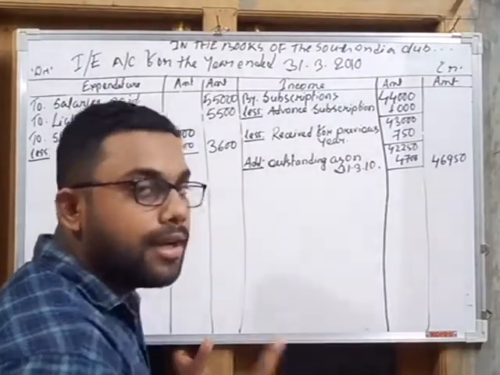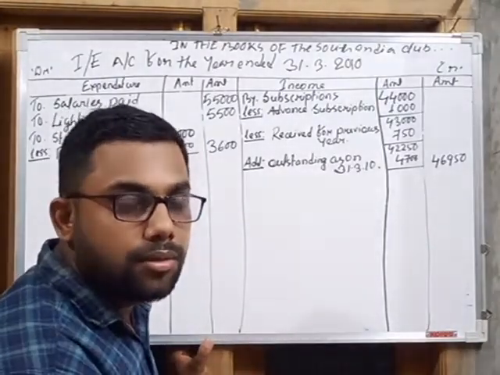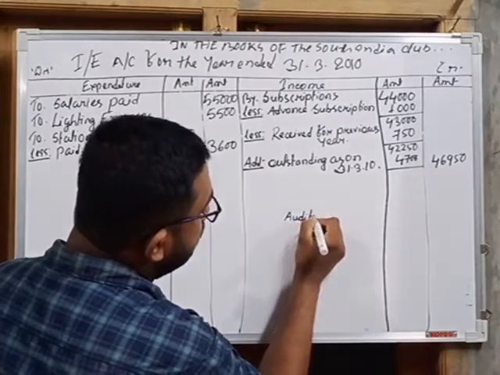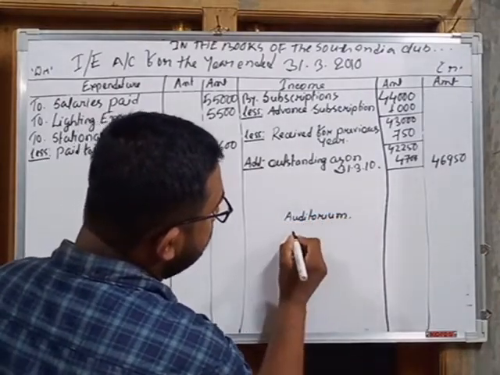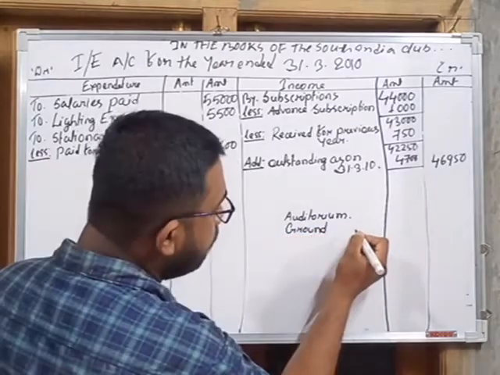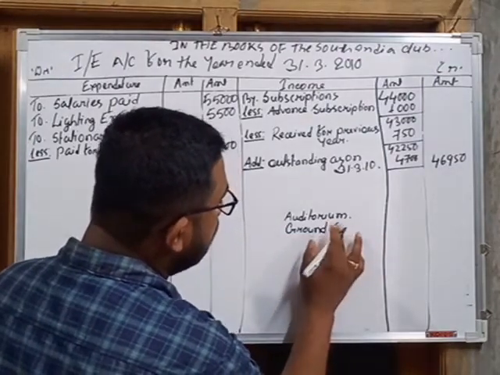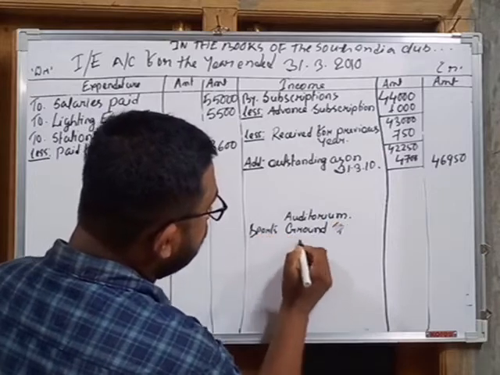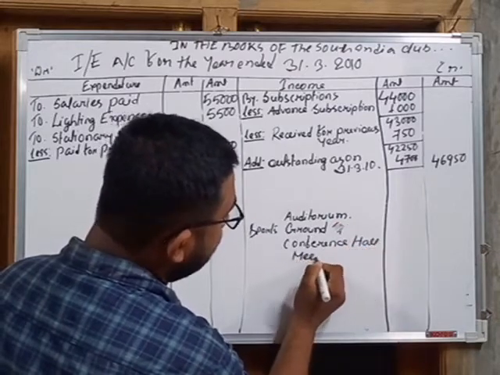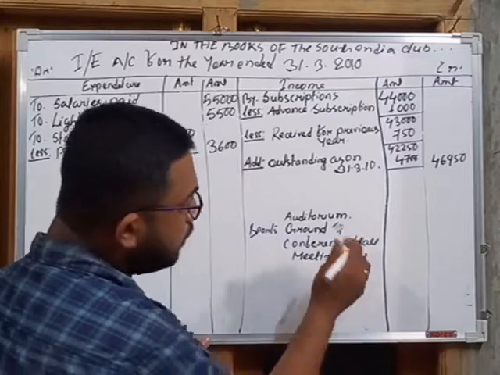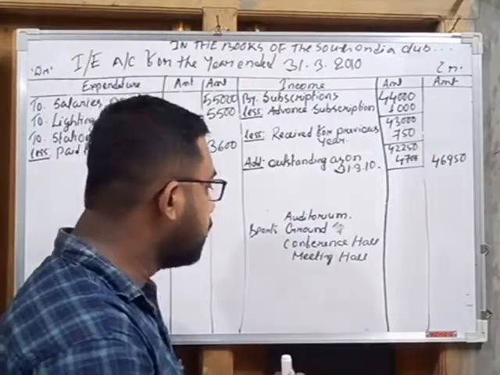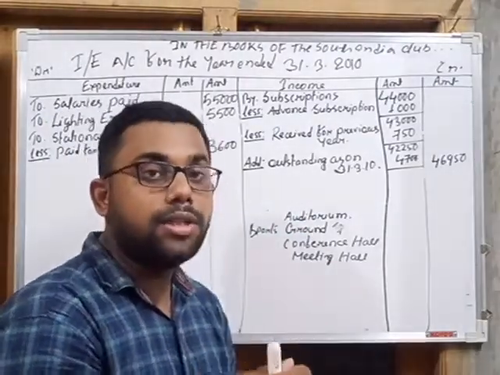In a not-for-profit organization, that is for a club, taking the example of a club, there may be an auditorium, a sports ground, a conference hall, a meeting hall, etc. Okay, these are the facilities for a non-trading organization, for a club: auditorium, sports ground, conference or meeting hall, etc., which they give on rent.